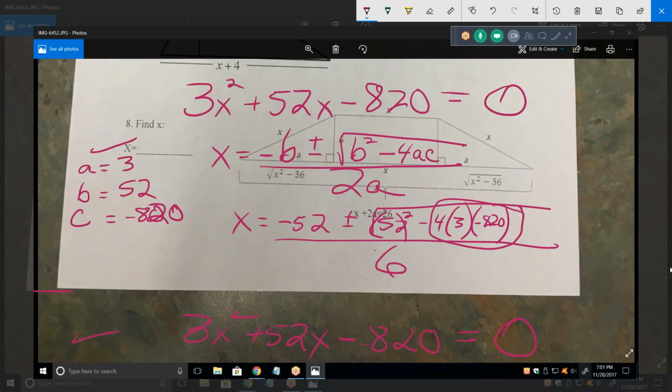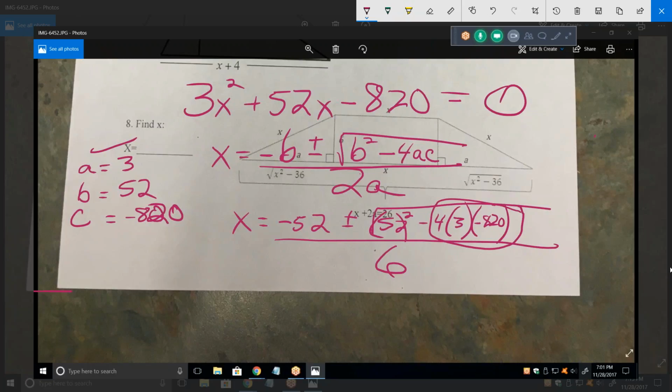What do you get? I don't know why the schools give you these giant numbers. This problem would work just as well with 2s, 3s, and 4s instead of 52s and 820s. That's why I'm pretty sure it was meant to be done on a calculator.